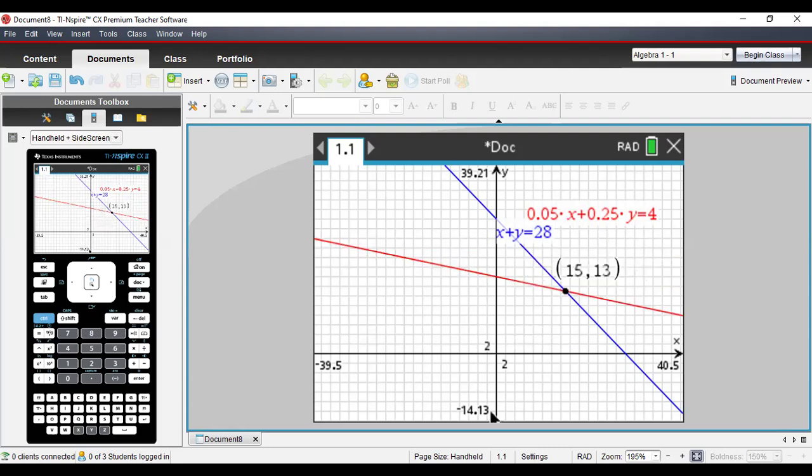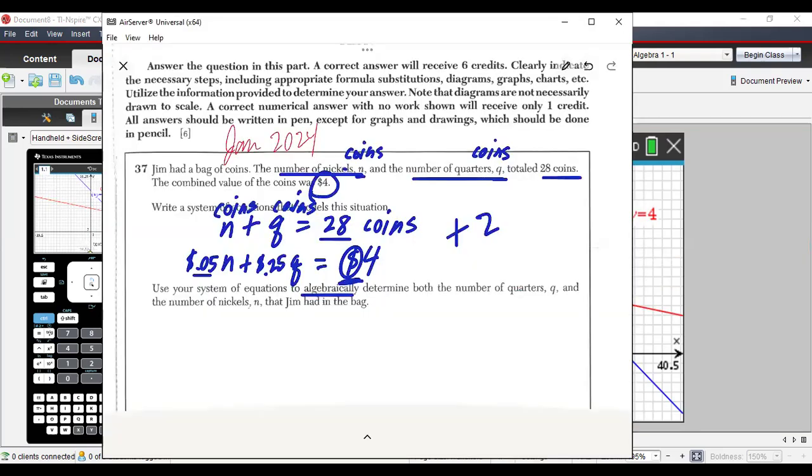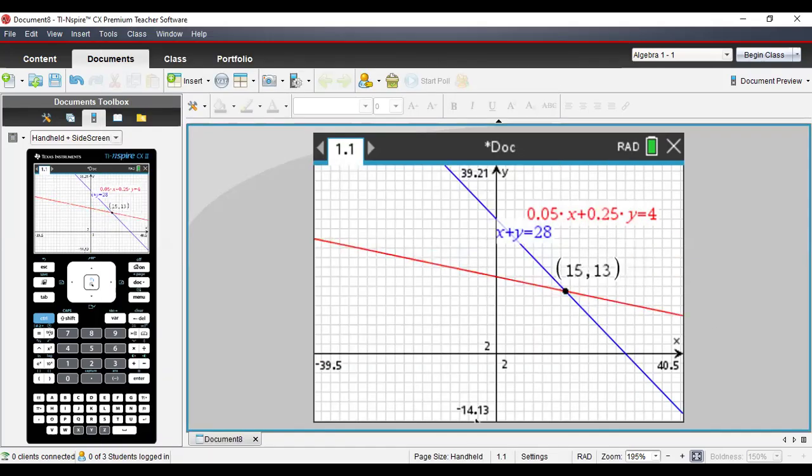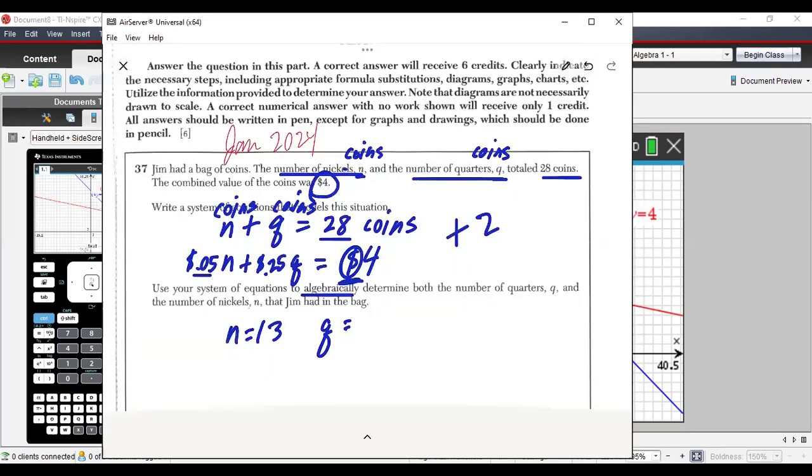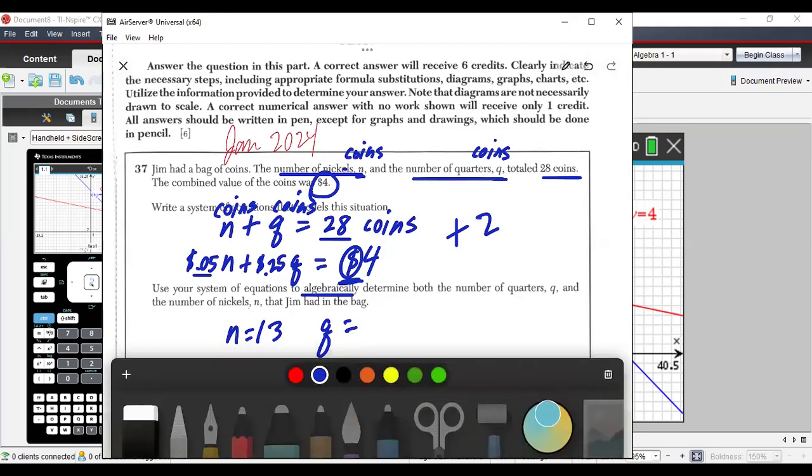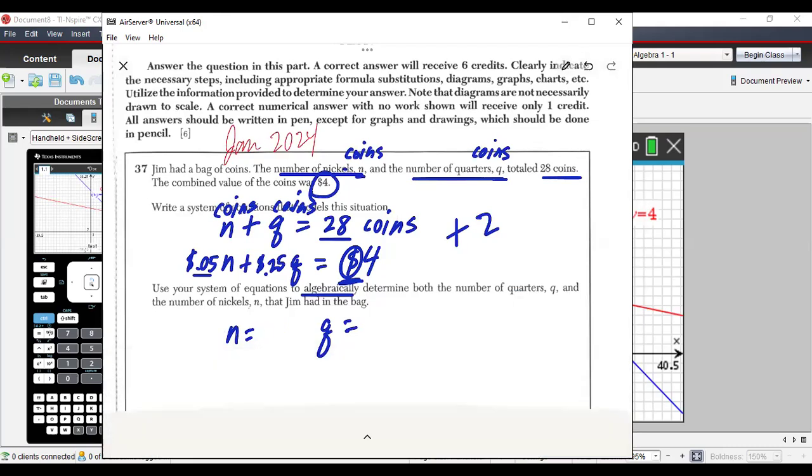I think I got that backwards earlier: there are 15 nickels and there are 13 quarters.